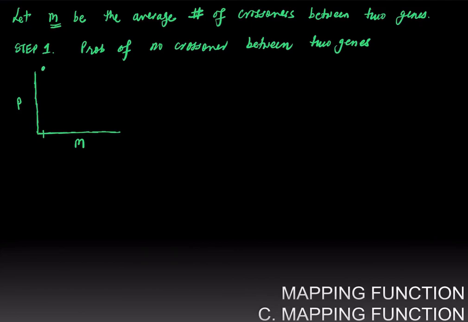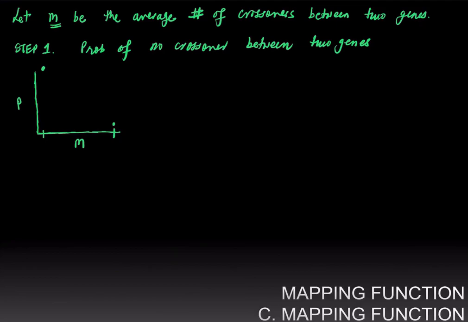However, as you increase the distance between 2 genes, and therefore as you increase the average number of crossovers between 2 genes, so let's say here, the probability of having no crossovers is going to be low, because the farther apart 2 genes are, the greater the chance that there will be a crossover.